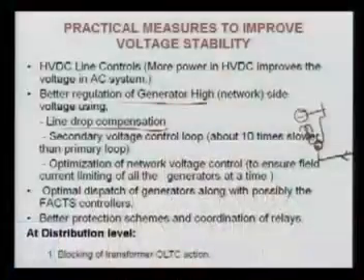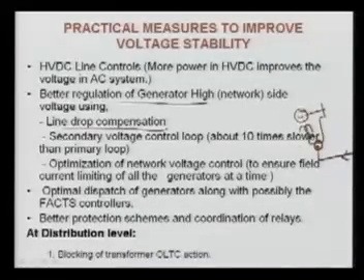Another is the optimization of network voltage control to ensure the field current limiting of all the generators at a time. You know, if you increase the excitation, you can increase reactive power by increasing the field current. But I have already discussed the capability curve of alternators, that we have this field heating limit.